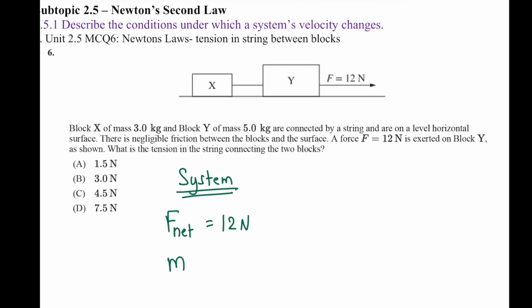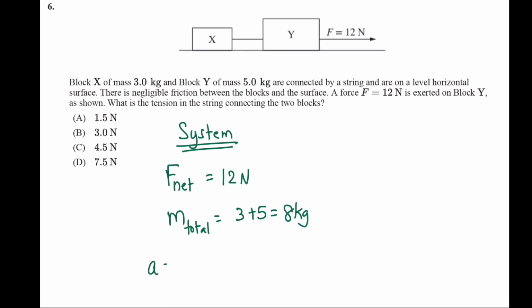And the total mass will be 3 plus 5, which is equal to 8 kg. So we can find the acceleration of the system, which is F net over mass, 12 over 8, which gives us 1.5 meter per second squared.